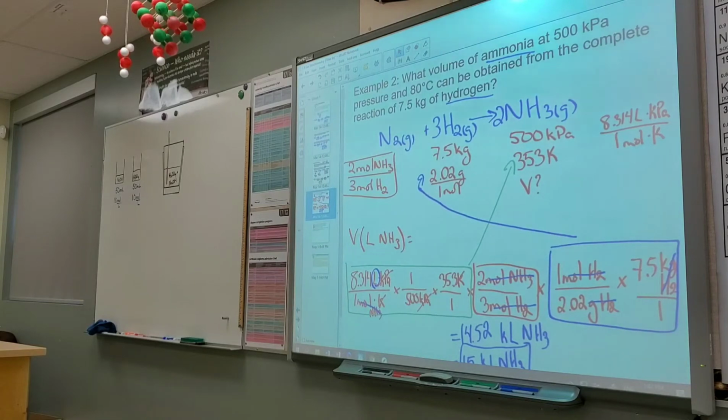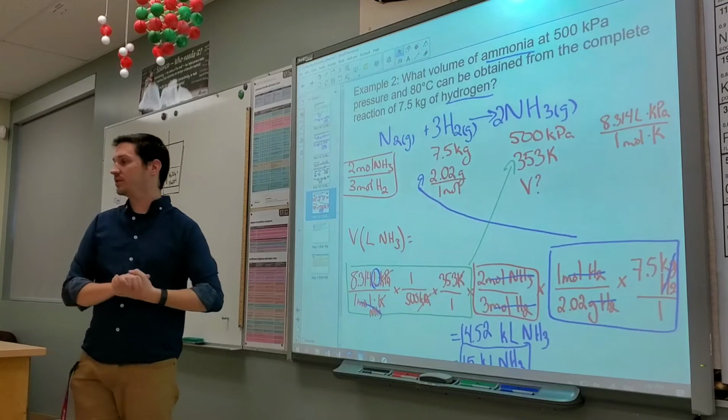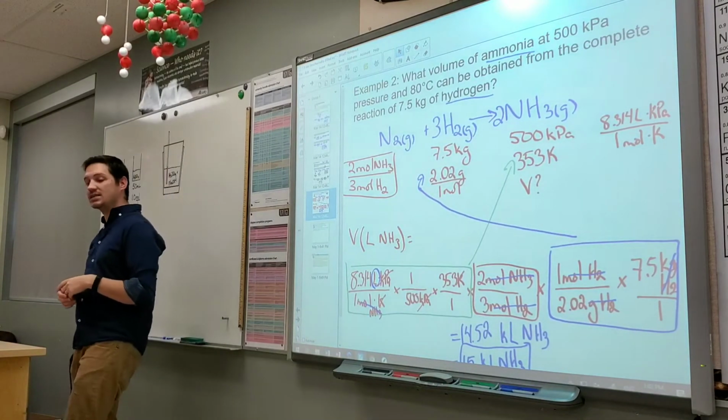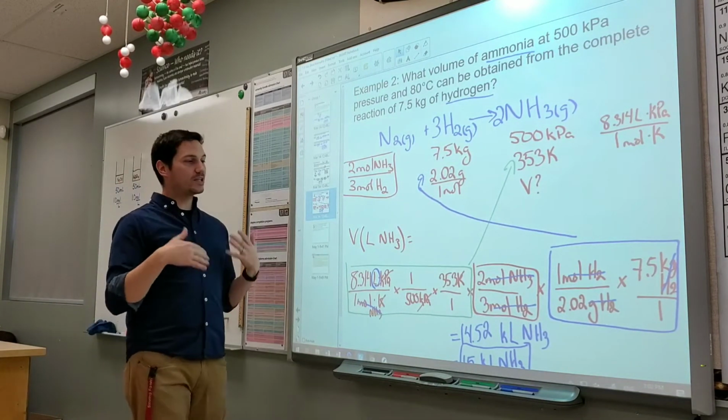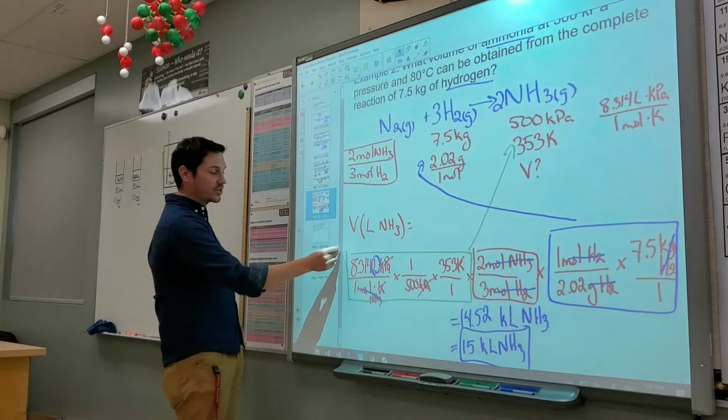What is the most key, pivotal step in doing a stoichiometry problem? Ratio. Getting the molar ratio from a balanced chemical equation, right? If you don't have a balanced chemical equation, can you perform stoichiometry? No, okay? So it's really important that we understand balancing chemical reactions.